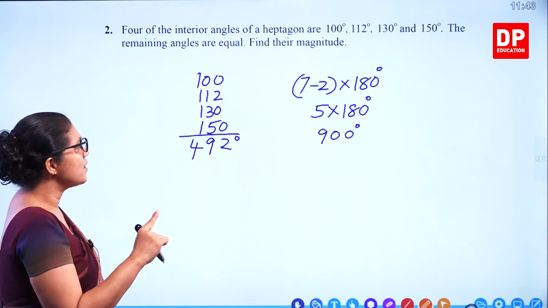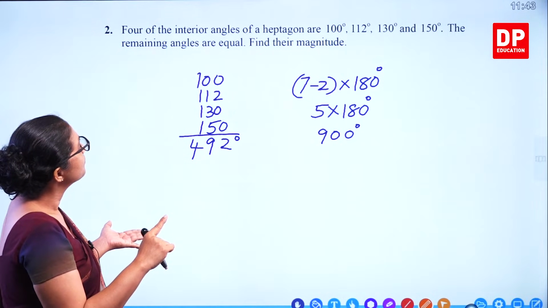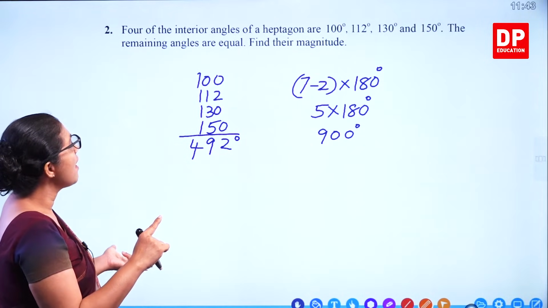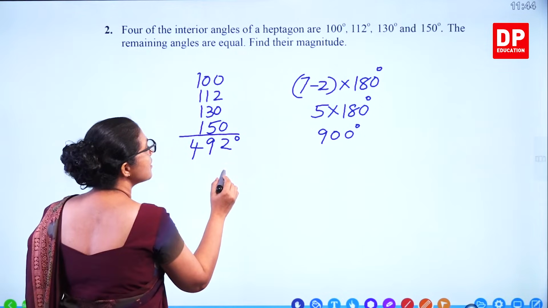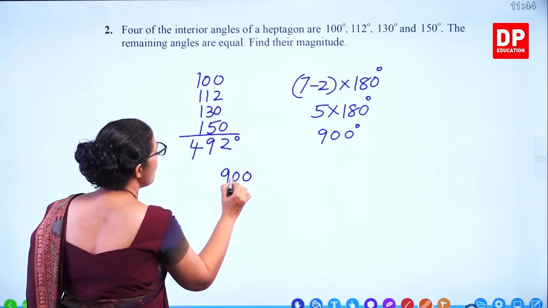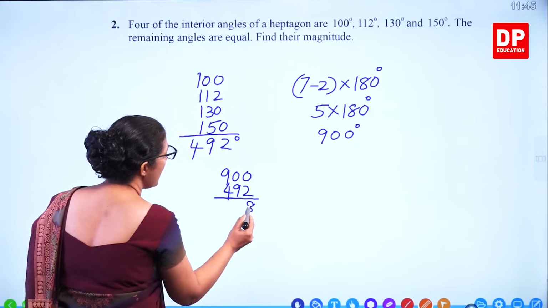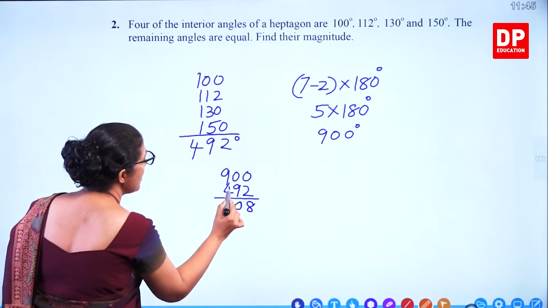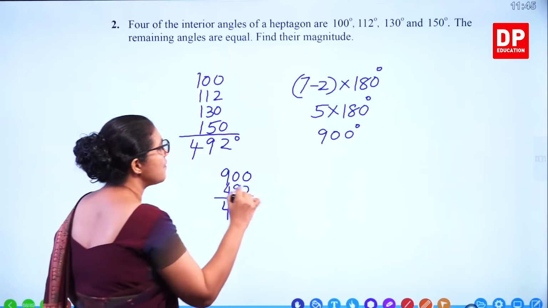So 492 is the 4 angles. So 7 are there, so 3 more. Remaining angles means 3 more. So 900 minus 492. You get 408. So 408 means the other three angles.